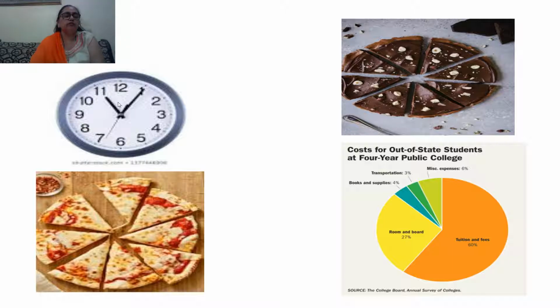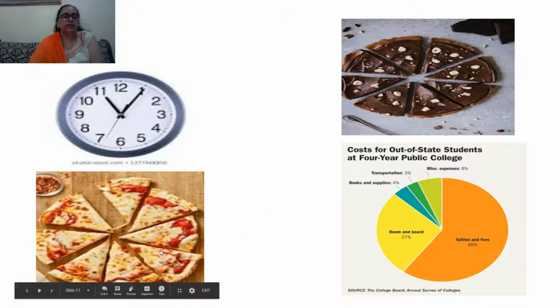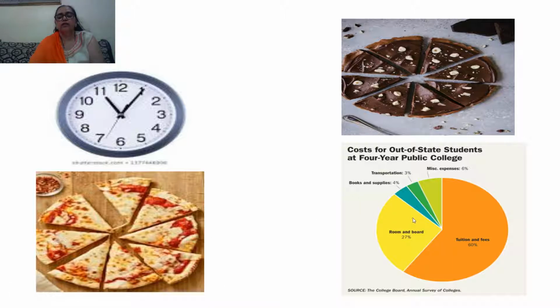In the circle you find that the needles of the clock form a triangular shape. Over here in the cake also you find triangular shapes. Same in pizza, and here also in the pie diagram you find that triangular regions or sectors are made.